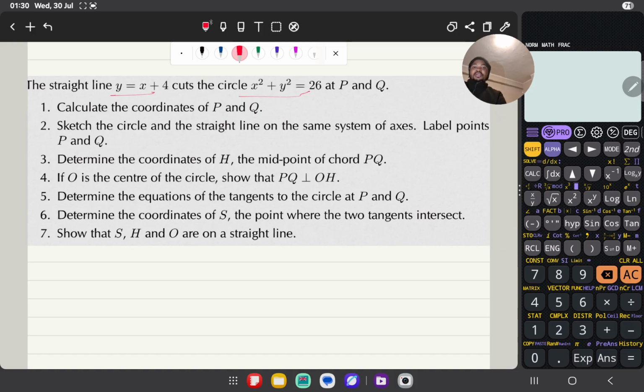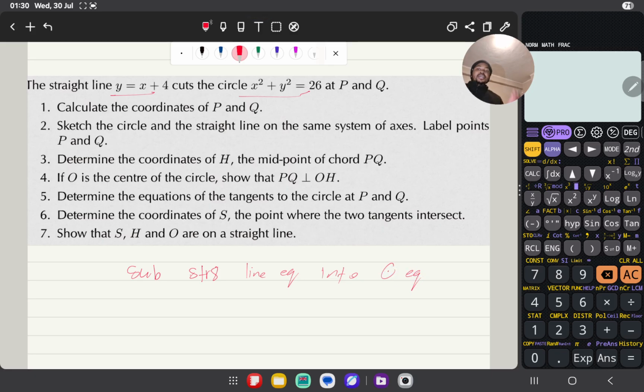So look, you have this equation and this equation. They say the straight line cuts the circle. So because they cut, at that point where they cut, they will have the same x value and the same y value. So as a result, we're going to substitute the straight line equation into the circle equation.